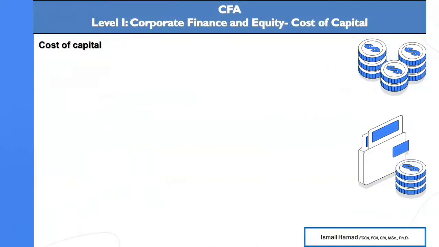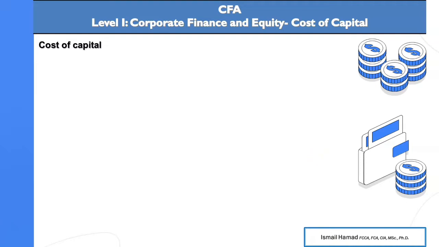We will start by defining what we mean by cost of capital. First, what is meant by capital is not only the equity, which is the share capital provided by the owner plus retained earnings and other reserves. That is the shareholders' equity.